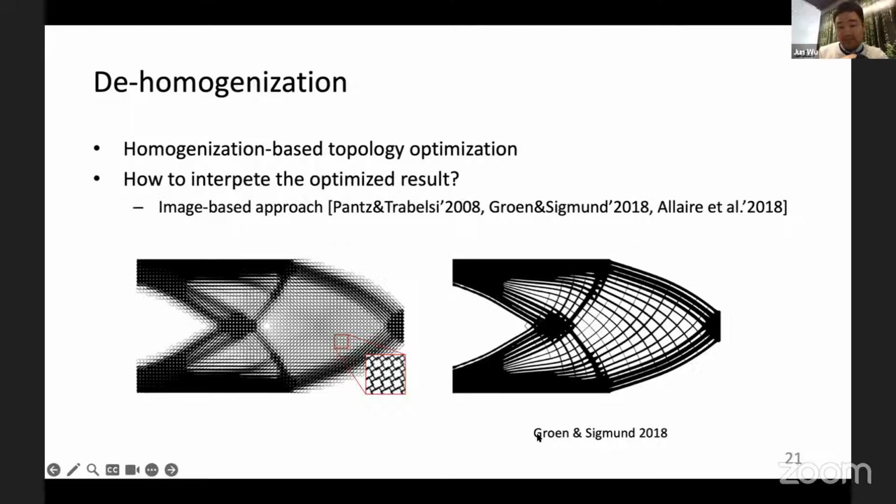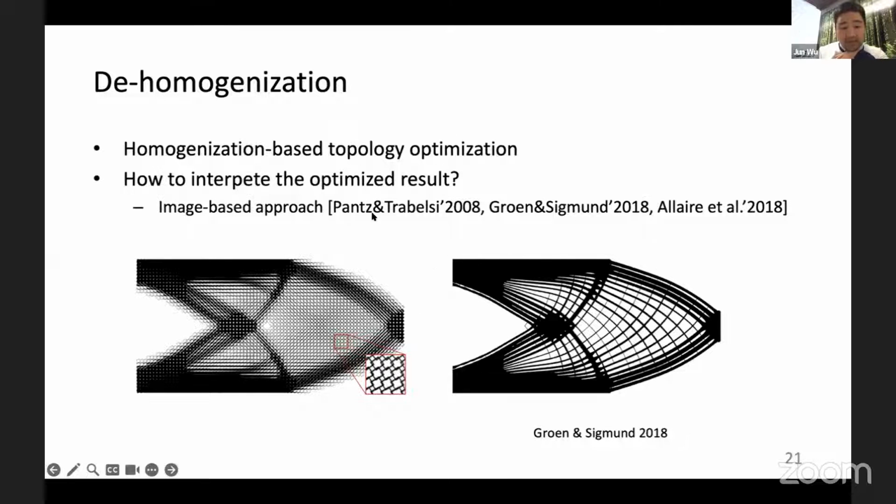So this was published in 2018. On the left side is just overlapping unit cells. On the right side is compiled geometry from aligning the fine scalar field to the orientation of the microstructures.